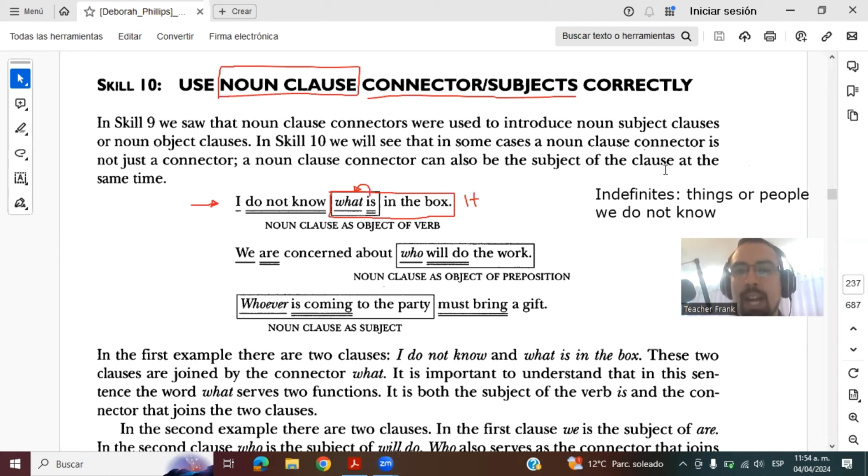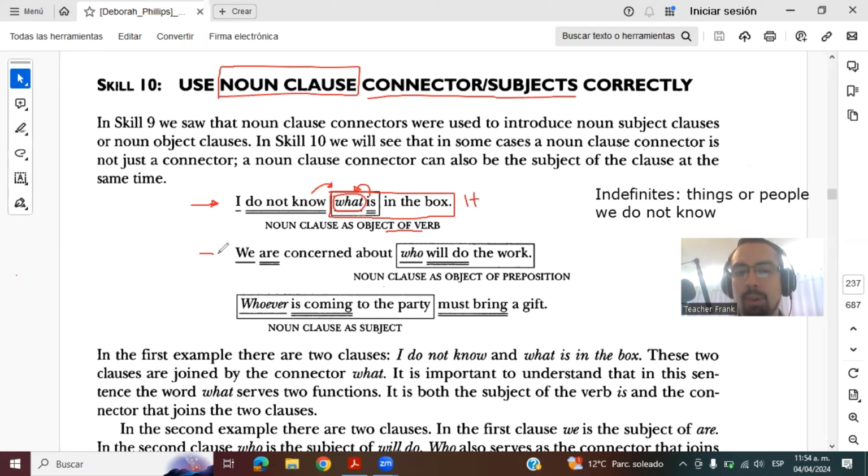So, I don't know what is in the box. The "what" doesn't make reference to something specific, it could be anything, right? But it is also a connector, because it's connecting two verbs and it's the subject. And since it goes after a verb, it's going to be object of verb, right?